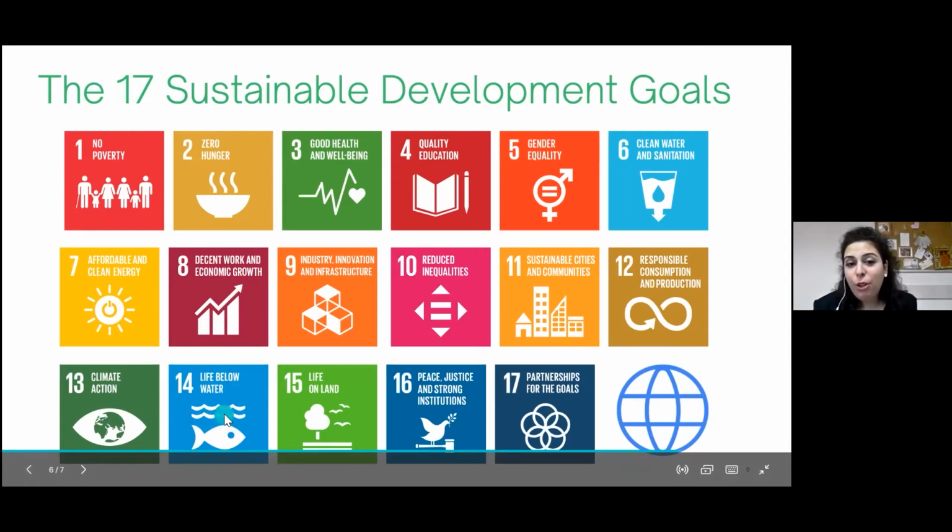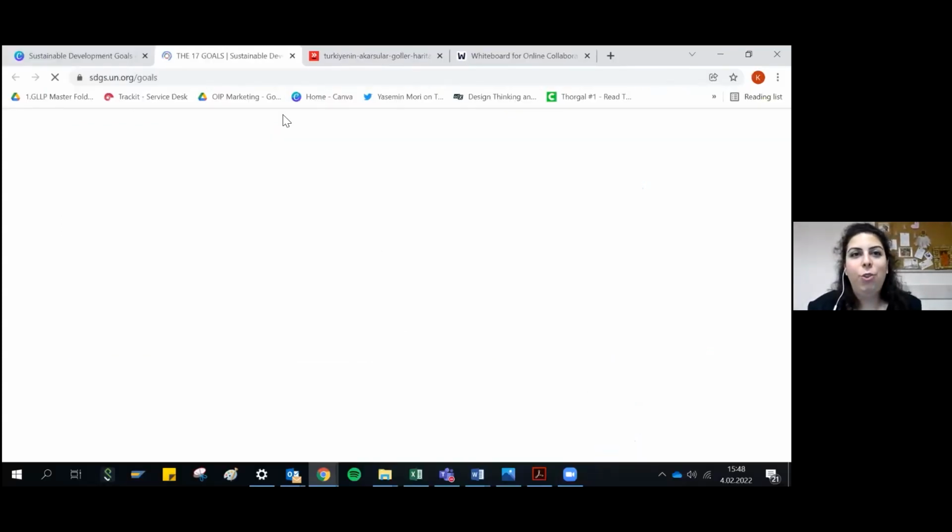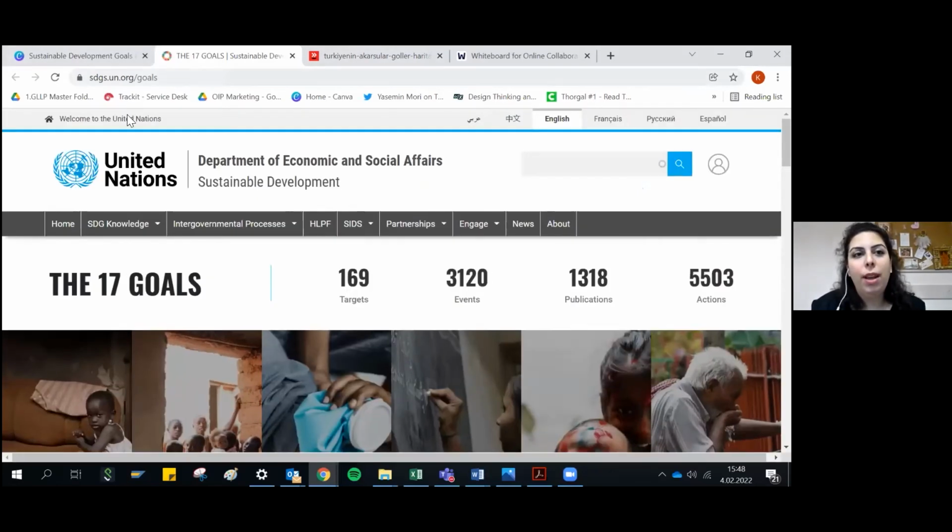Life below water, life on land, peace, justice, and strong institutions, and partnership for global goals, which brings all of us to Google's solution challenge.